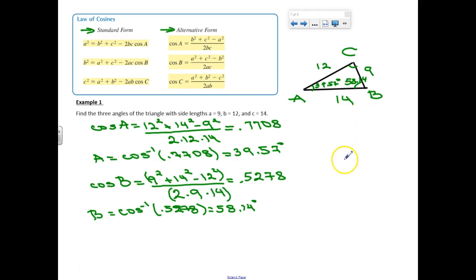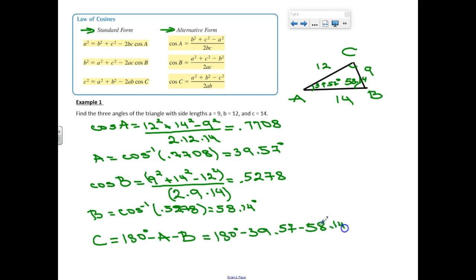We certainly can, but I think there might be an easier way to find that angle C. You know that angle C is equal to 180 degrees minus angle A minus angle B. We already know angle A and angle B, so we can do 180 degrees minus 39.57 minus 58.14, which is equal to 82.29 degrees.